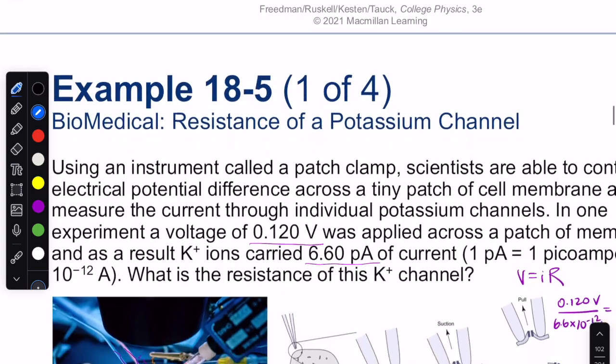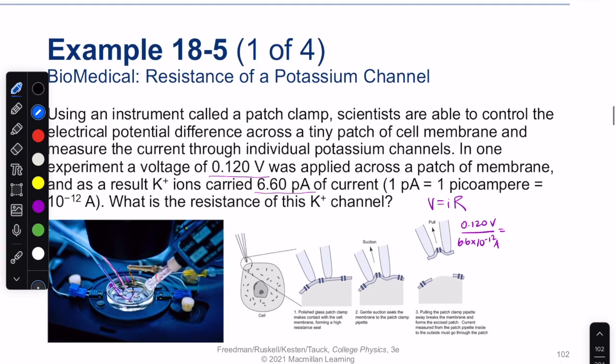So there is a small, simple example related to this idea. So the question is, okay, that's great. Let's model those potassium channels as resistors. How do we measure that and know these values?